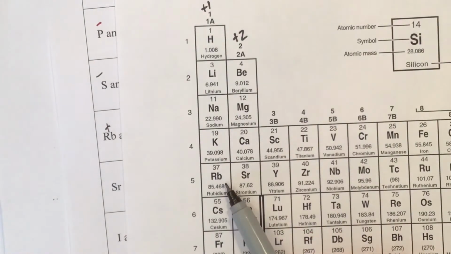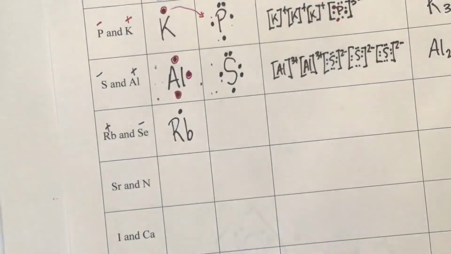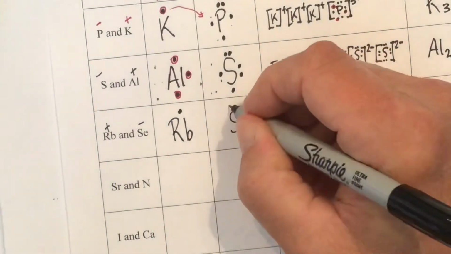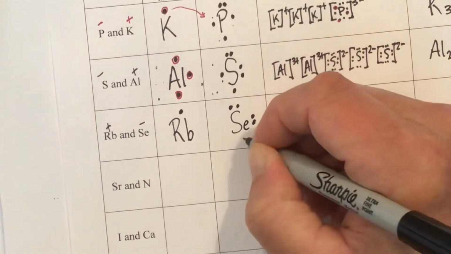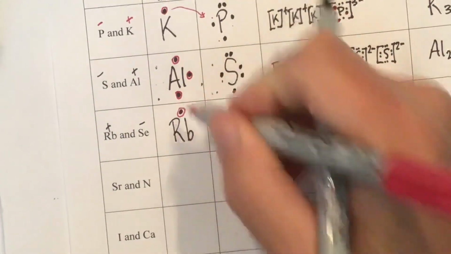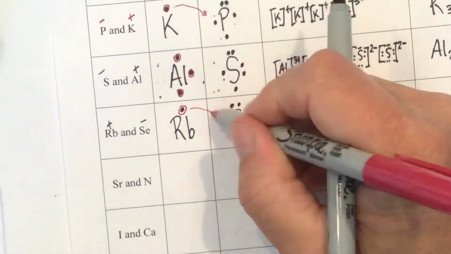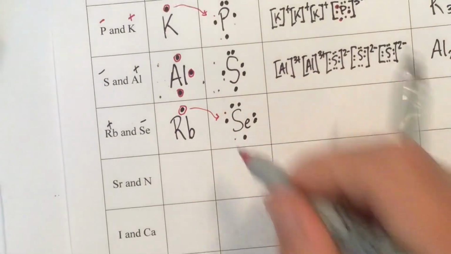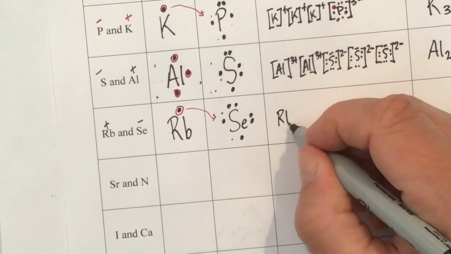So rubidium's even more reactive than potassium. All right, so here's our selenium. Color code. And we can see here that this electron here is going to go there, but we're going to need another one from down there. So we're going to need 2 rubidiums.